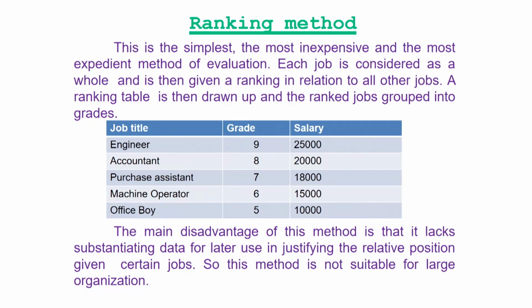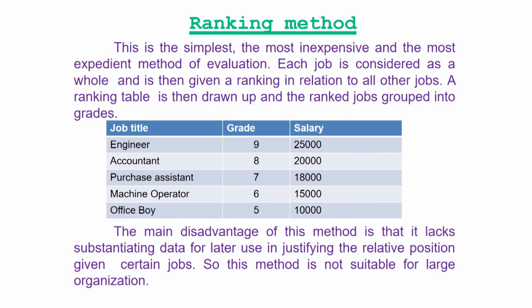As far as the ranking method is concerned, this is, my dear friends, one of the simplest methods of job evaluation. Here the whole job is compared with the others and a rank is provided on the basis of this comparison, which is made on the basis of the overall importance of the job to the company. The job is not broken down into factors, but the worth of the job is usually based on judgment, maybe the judgment of the people who are doing it, because as I told you, in the qualitative method there are more chances of bias.